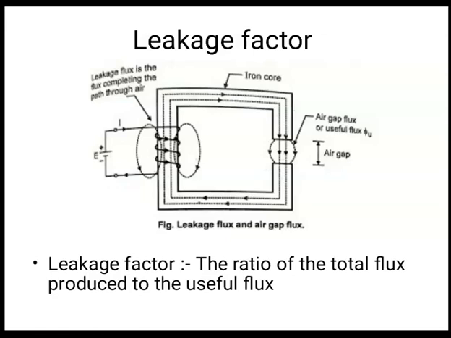We will understand in Faraday's law when we learn it afterwards. So this is the useful flux, and the total flux produced by that winding is the total flux, right? So what is the leakage factor? The ratio of the total flux produced to the useful flux. Just remember this much: total flux upon useful flux is the leakage factor. Okay.